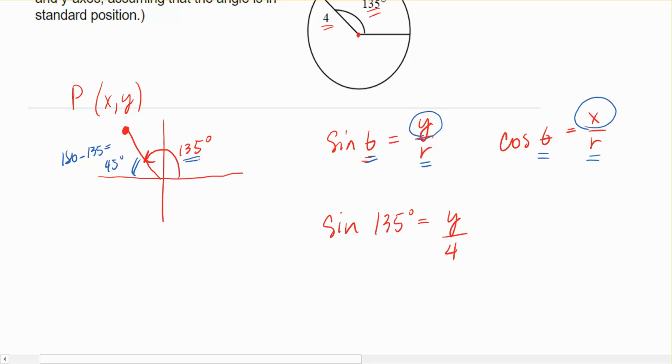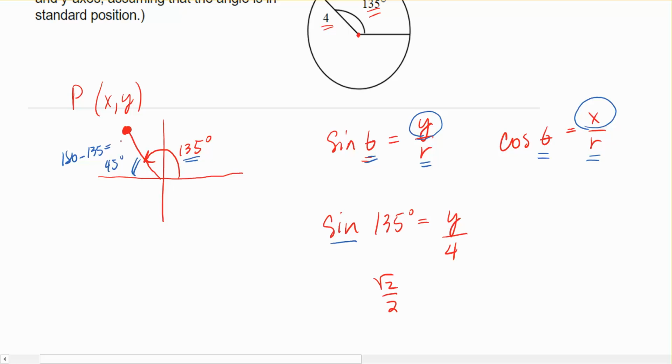Now, how does that help me? Well, hopefully you're memorizing the fact that the sine of 45 is going to be the square root of 2 over 2. But because 135 is in the second quadrant, the sine of 135 would be positive square root of 2 over 2. Remember, sine is always going to be positive in the second quadrant.